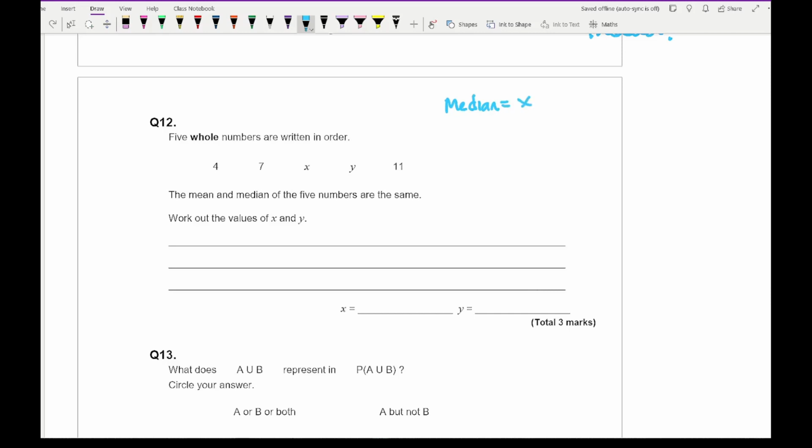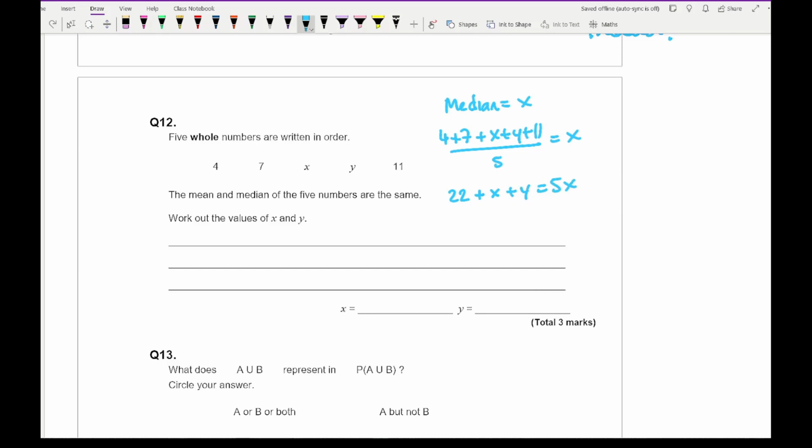Now, if you want to work out the mean, what we've got to do is add all these numbers up. So 4 plus 7 plus x plus y plus 11 divided by 5 has got to equal x. So if I simplify the top, I've got 4 plus 7 plus 11, so that's going to be 22 plus x plus y equals 5x.